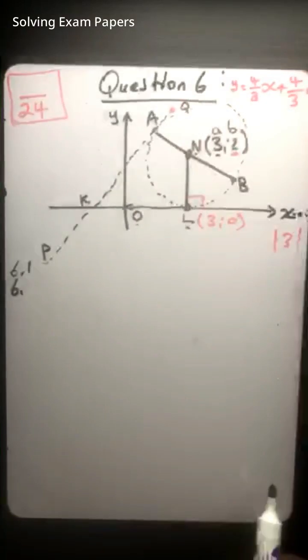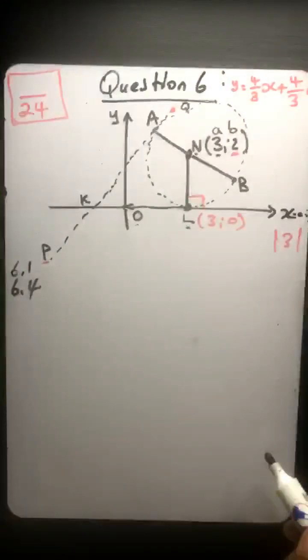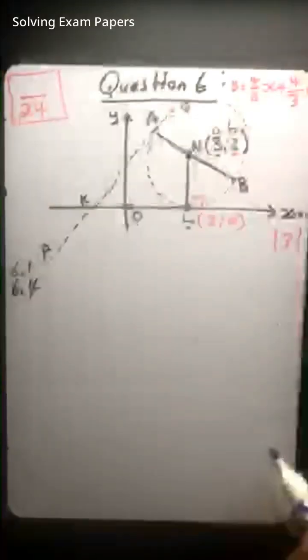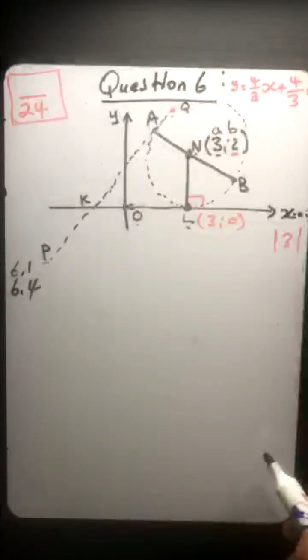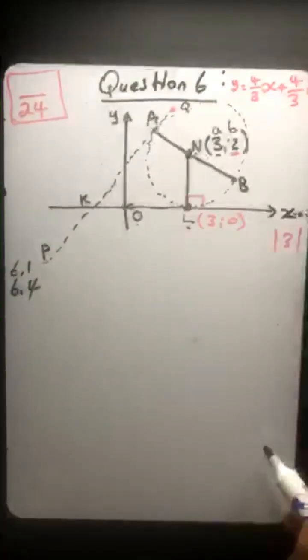Let's see, I think we are now on 6.4. I'm trying to move a bit faster because at 8 o'clock I'm going to have load shedding. Since we are doing corrections and you have seen this question paper, I'm sure you got good marks on this question.